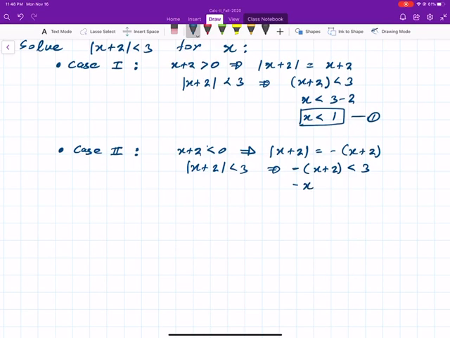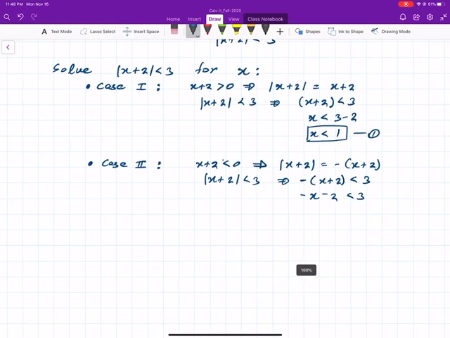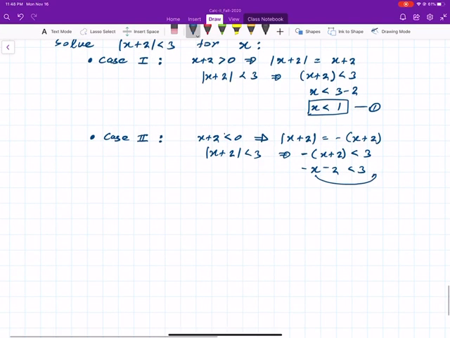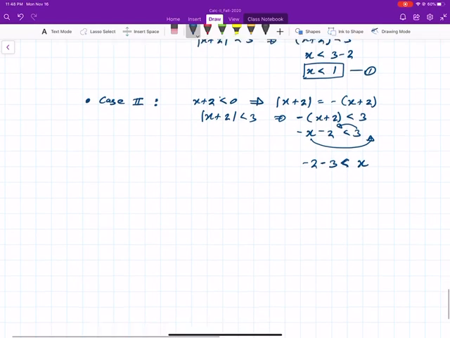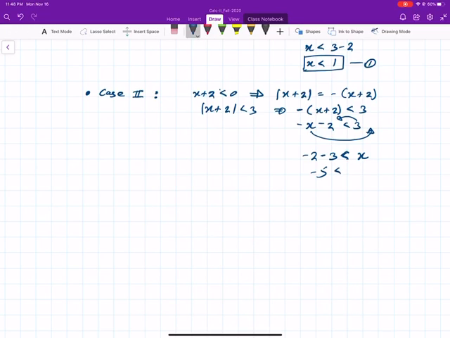You write negative x, negative 2 less than 3, and then you push this x to this side and bring this 3 to that side. So you write negative 2, and once you bring this 3 to the other side, you write negative 3. Once you bring this negative x to the other side, it will be positive x. Alright, that's how it works. And then you simplify. This is negative 5 less than x. So this is equation number 2.